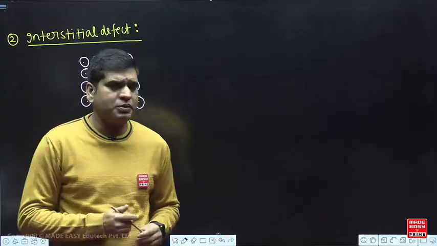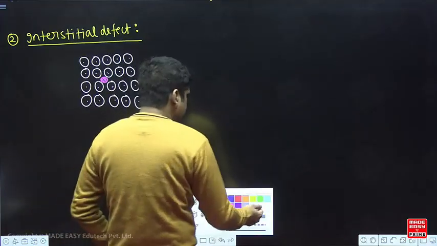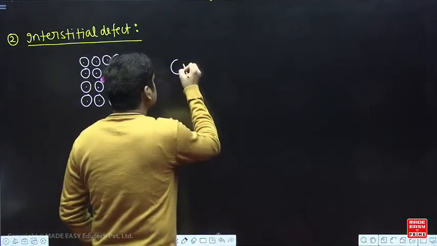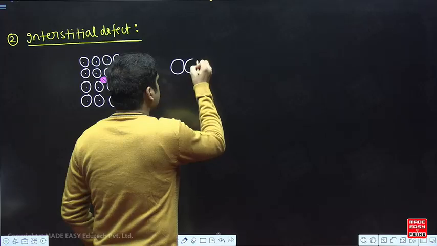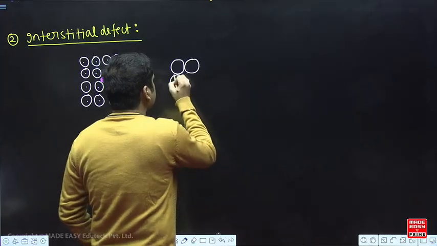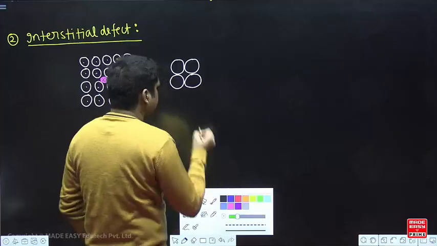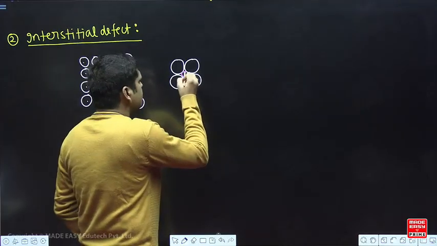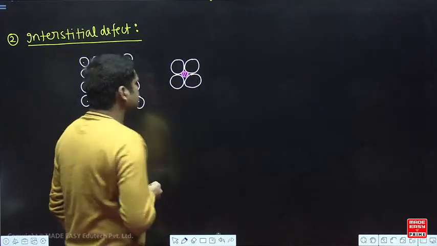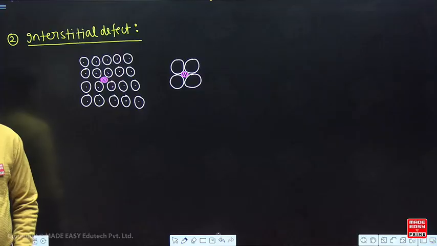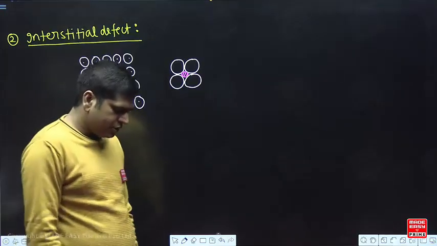So this space will be very small. These are the atoms, and this position is your interstitial position. Suppose any atom is occupying this place. Such a defect is known as an interstitial defect.